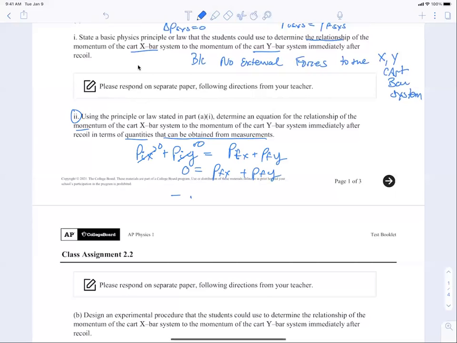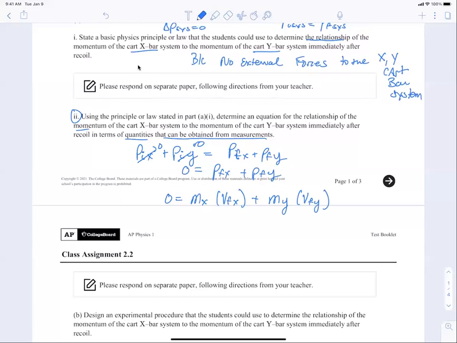The negative of momentum final of X, actually I didn't have to even do that. I could just say, I can't measure momentum. I can measure mass and I can measure velocity. So I have mass of x times final velocity of x plus mass of y times final velocity of y.